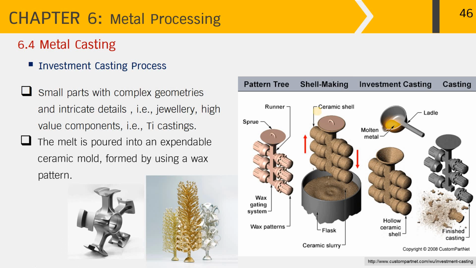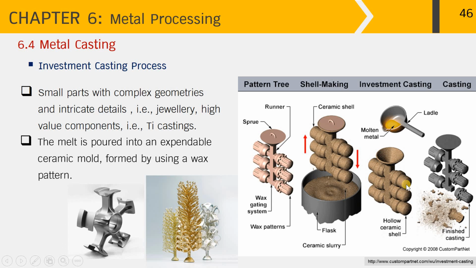After that, making the ceramic shell mold by dipping it into the ceramic slurry thoroughly that will make the coating onto the wax pattern surface. And then before pouring the molten metal inside, we need to get rid of the wax pattern by putting it into the oven in order to melt out the wax at low temperature, depending on the type of wax that we're using to make the patterns.